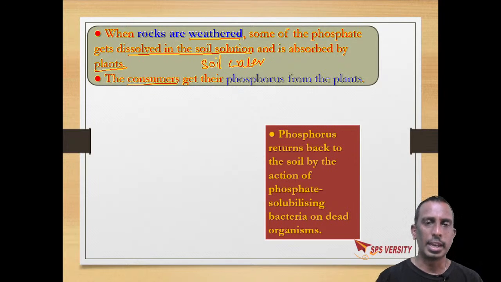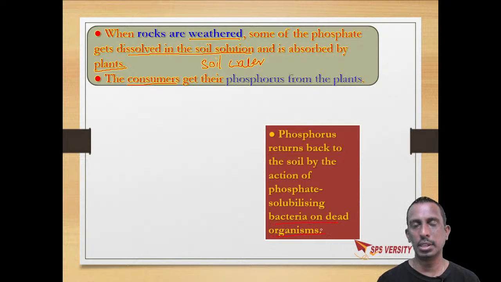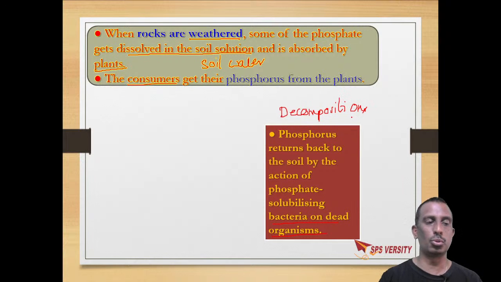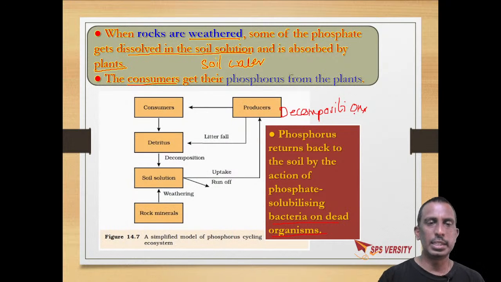Okay. Again, how does phosphate reach back to the soil? By the action of phosphate solubilizing bacteria on dead organisms. That is, by decomposition, phosphate reaches the soil again, whether from decomposition of plants or animals. So here you can see the phosphorus cycle.